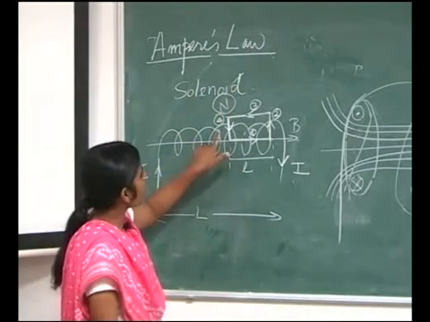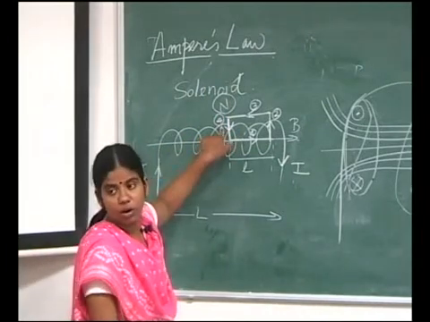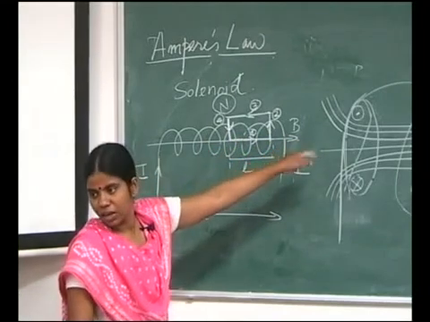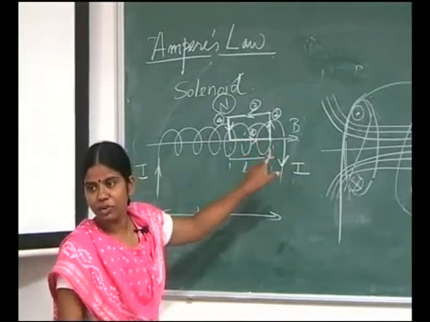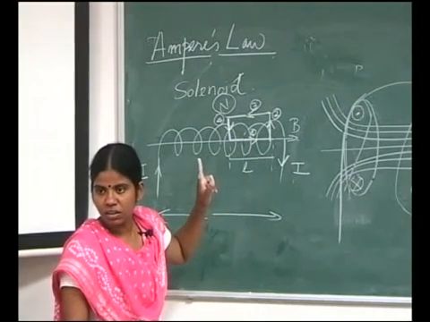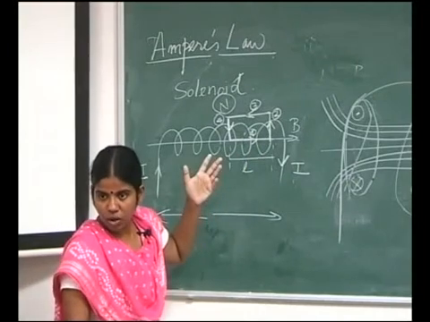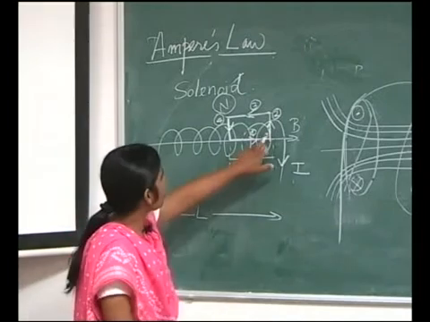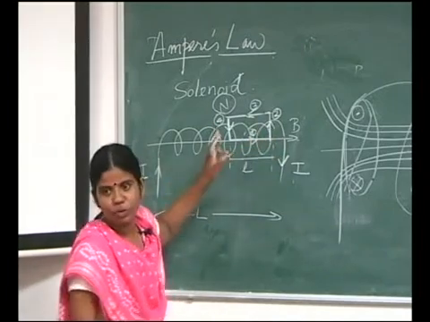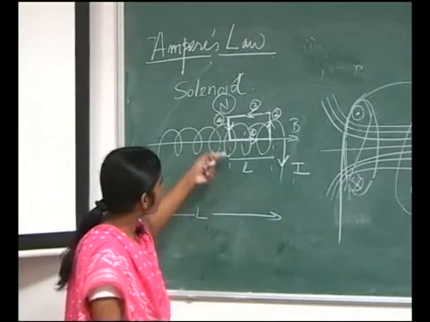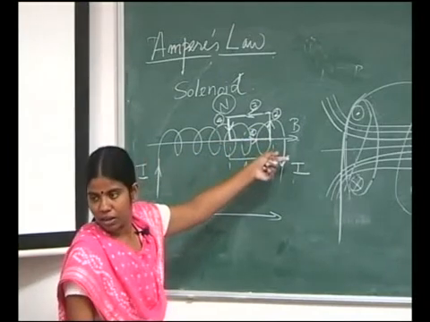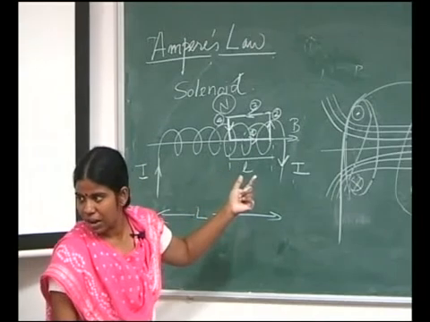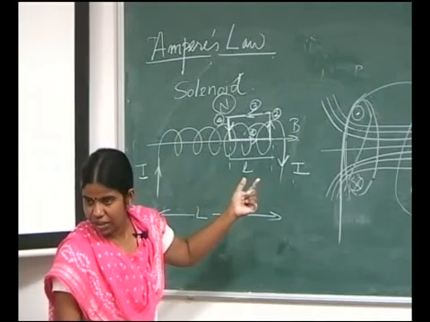Now, let us look at arms 2 and 4. 2 and 4 are perpendicular to B. When you have perpendicular vectors, the dot product is 0. So, along 2, 3, 4 the dot product is 0. What I have is along 1. So, B dot dl is simply B into small l. Is it okay? Is it clear or not?